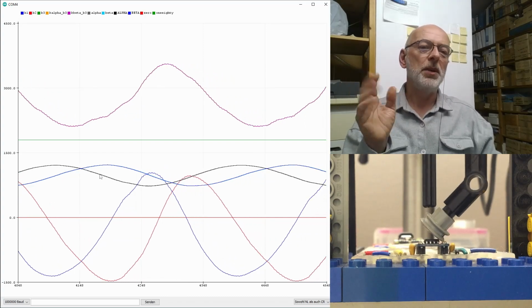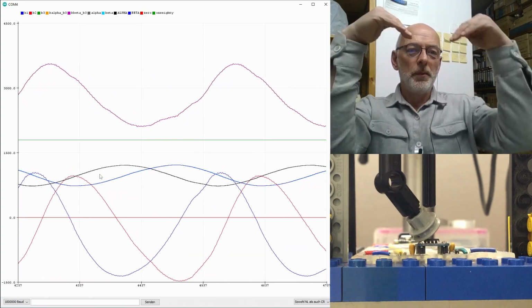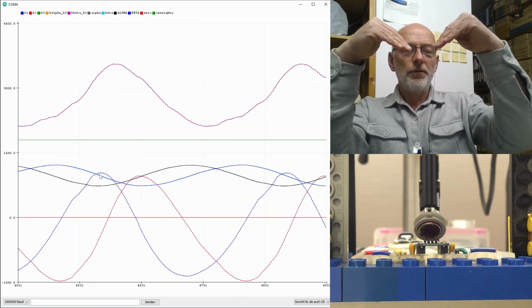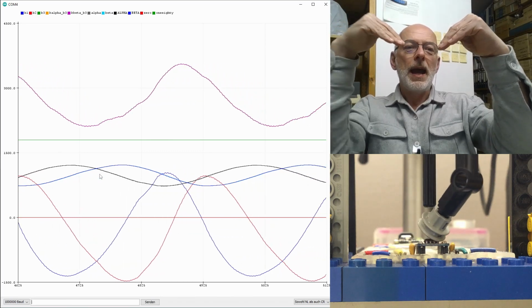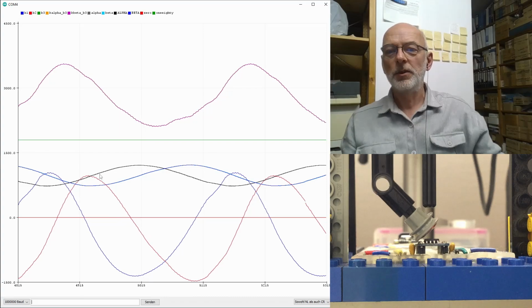It should be between 45 and 135 degrees. You remember we have a 90-degree angle, so we're starting at 45 degrees, we add 90 degrees, we end up on the other side of the rotation at 135 degrees.